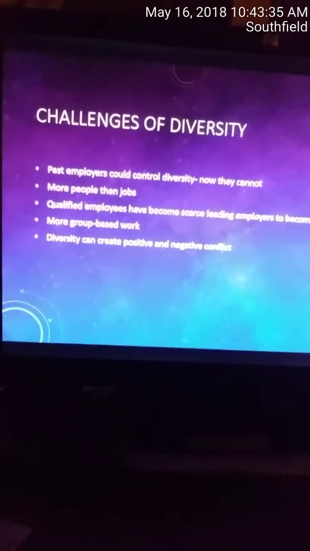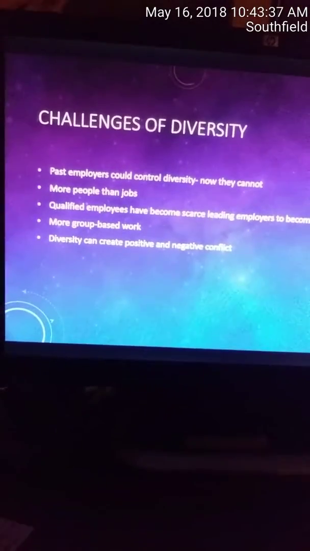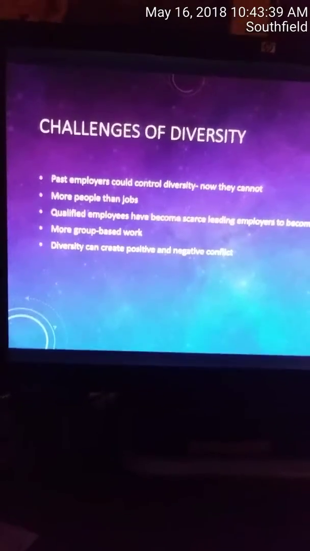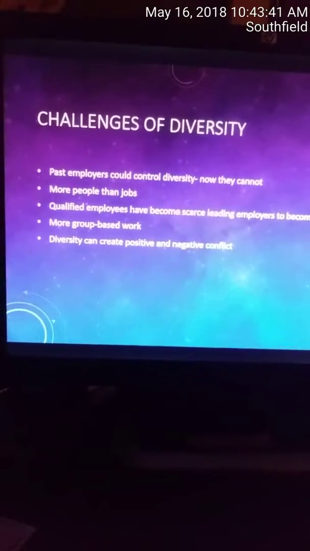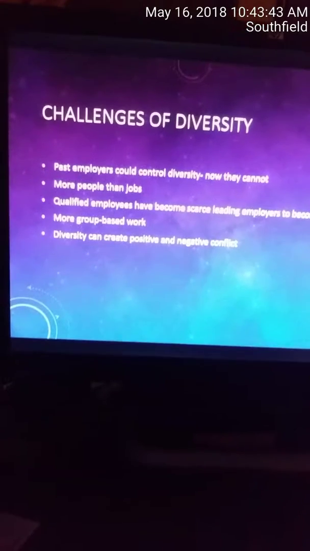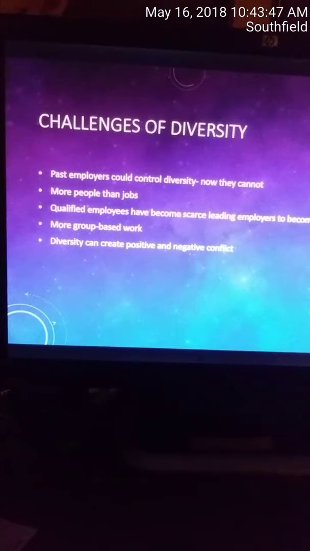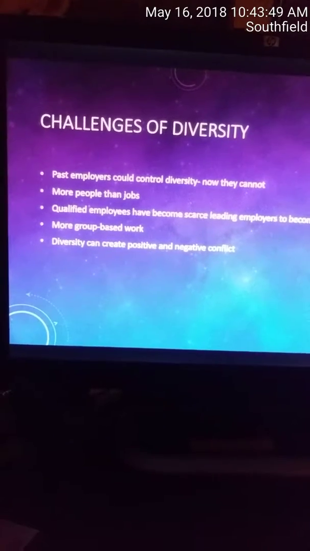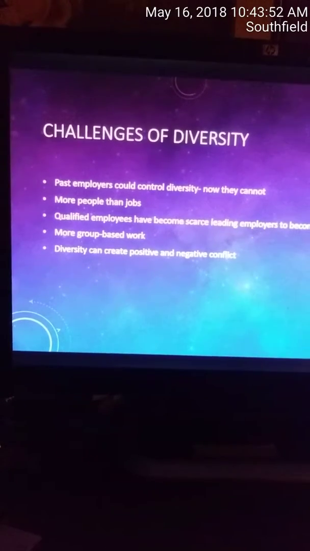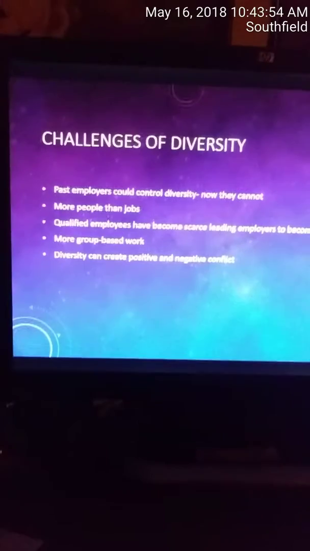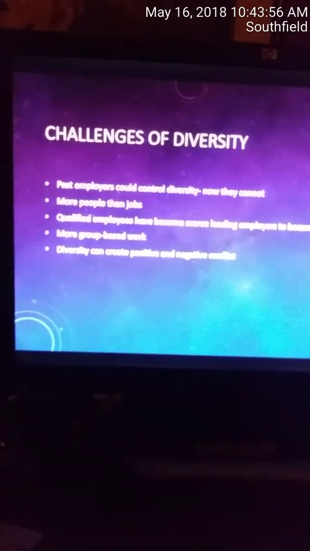Drifting off a little bit, it was stated a few days ago that the unemployment rate is now under 4%. So going off of that information, I think there are still more people than there are jobs.